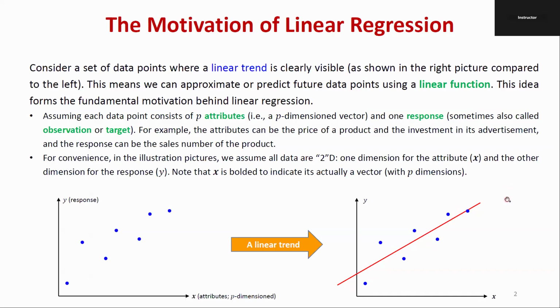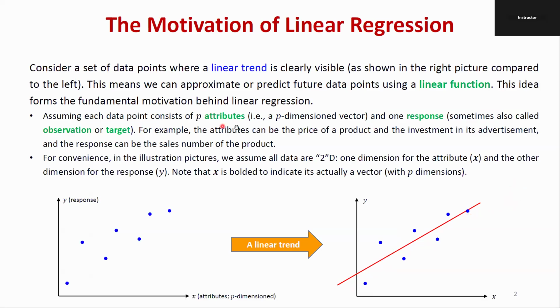What's the point of telling the trend? Imagine those points are stock data. If I can tell the trend, I can make a prediction for future data, right? Suppose my prediction is correct, I can earn a lot of money in the stock market. So this is the motivation for prediction.